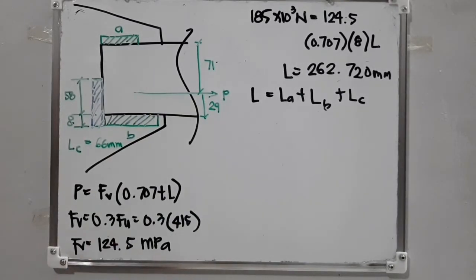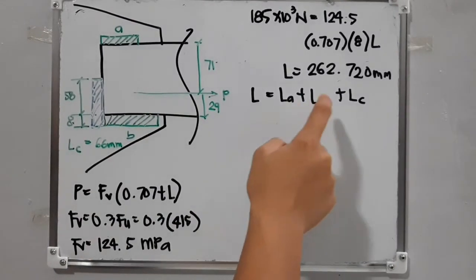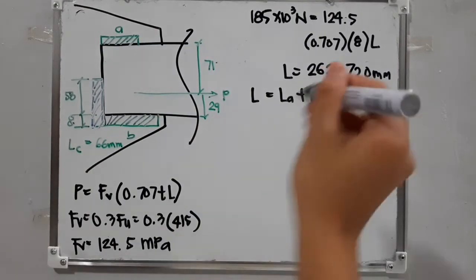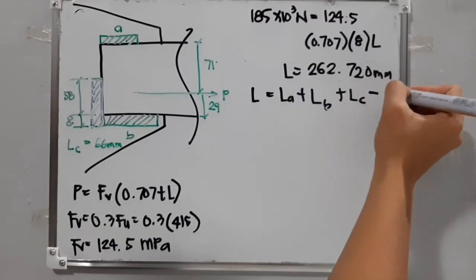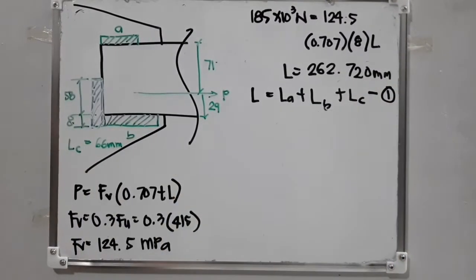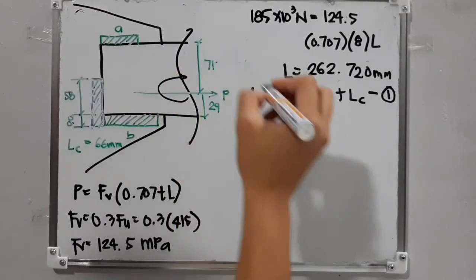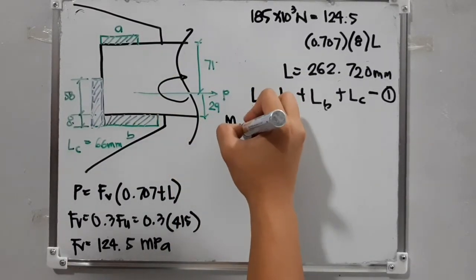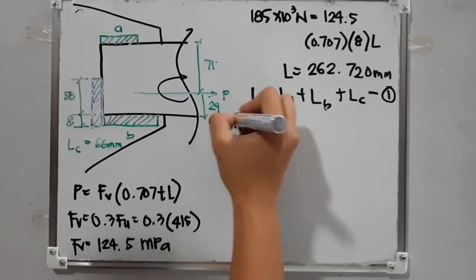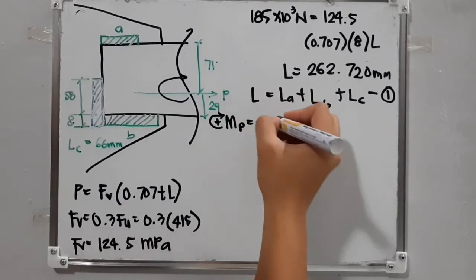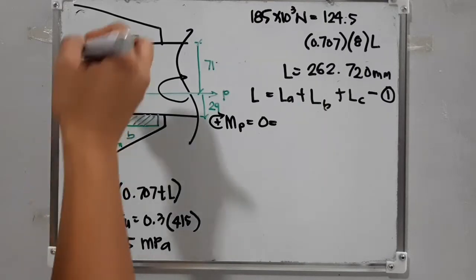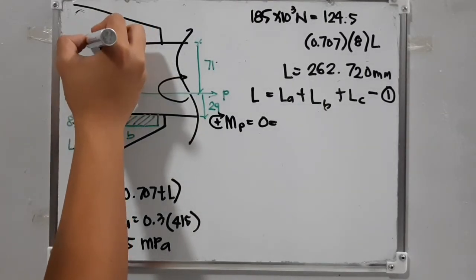So now we are limited to only two unknowns, LA and LB. Let us set this as equation 1. Now let's solve for equation 2 by taking the moment at P again. Moment at P, taking clockwise as positive, is equal to 0. Again, we will have resisting forces.